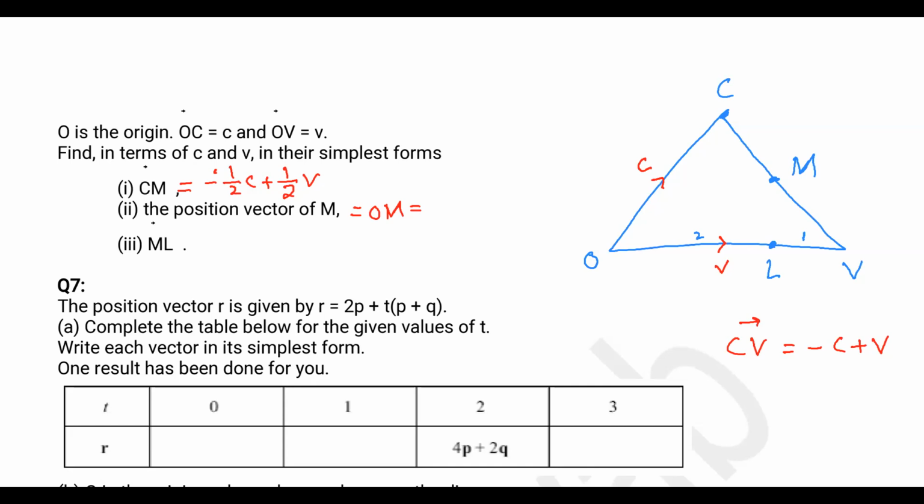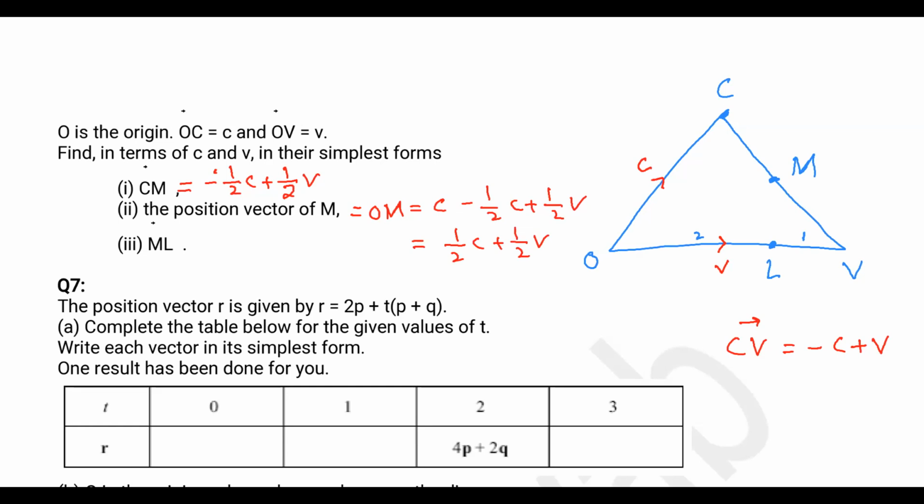The vector OC is C, and vector CM we have calculated in part 1, which is -1/2 C plus 1/2 V. Simplify this further. C minus half C is half C plus half V. So this is the answer for the position vector of M.